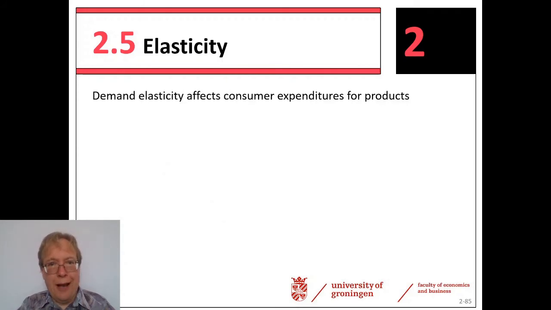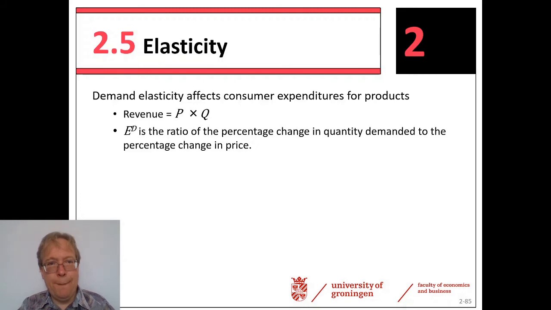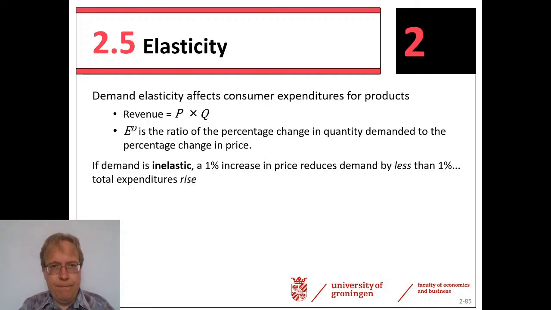So much for price elasticity of demand. One other thing that's useful is, if you look at the revenues of a firm, that's just price times quantity, right? How much money they make from that stuff. What if demand is inelastic?